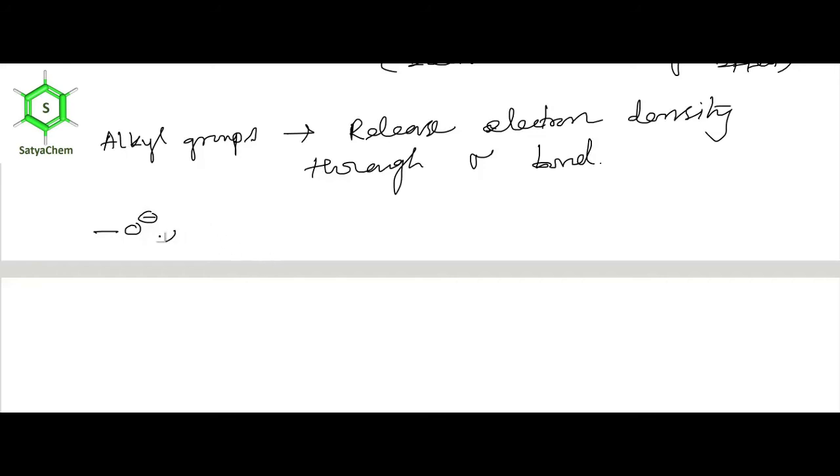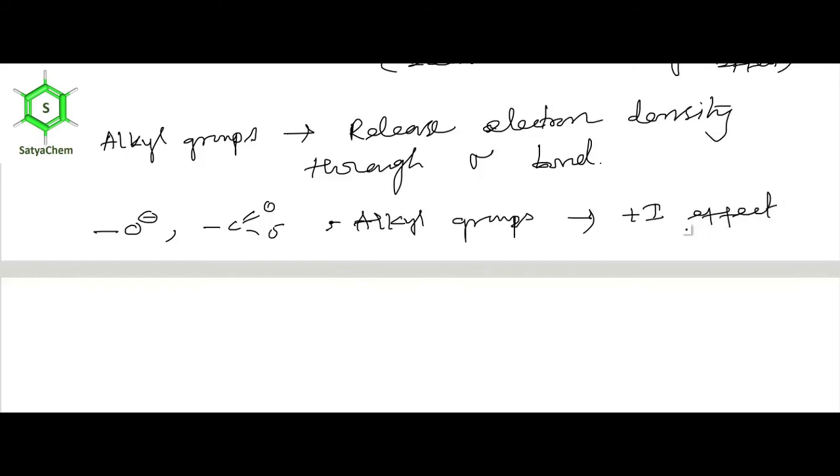So that is why O minus, CO2 minus, and alkyl groups are all plus I groups, like electron releasing groups. They show plus I effect.